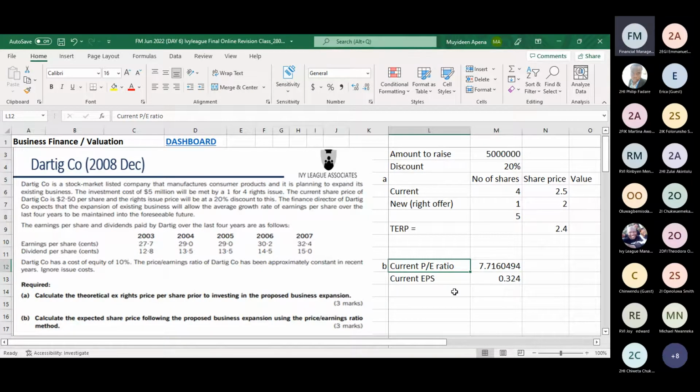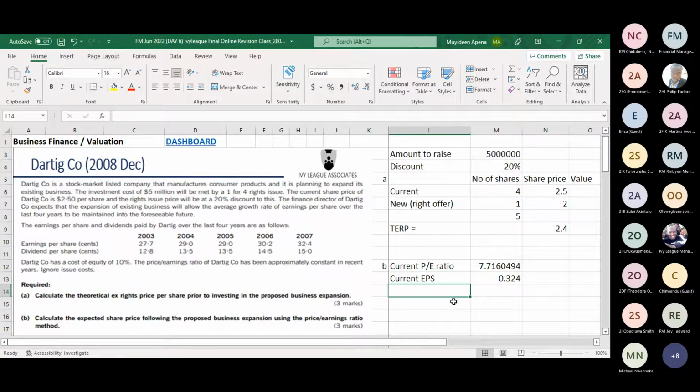Now, what are we expecting the share price to be if we are using this P/E ratio? That would be P/E ratio multiplied by EPS.